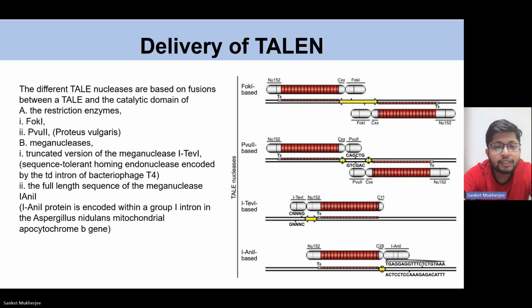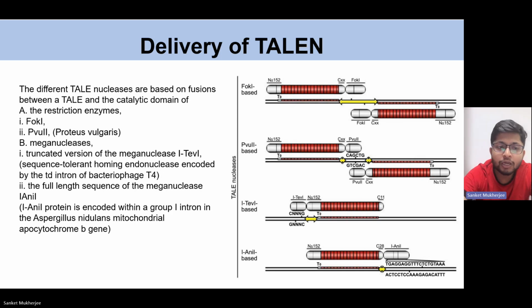So again, this slide is about the architecture of TALEN. Usually what we do is the DNA binding domain of the transcription activator-like effector molecules is used for recognition of the DNA, and then it is fused with another restriction enzyme.